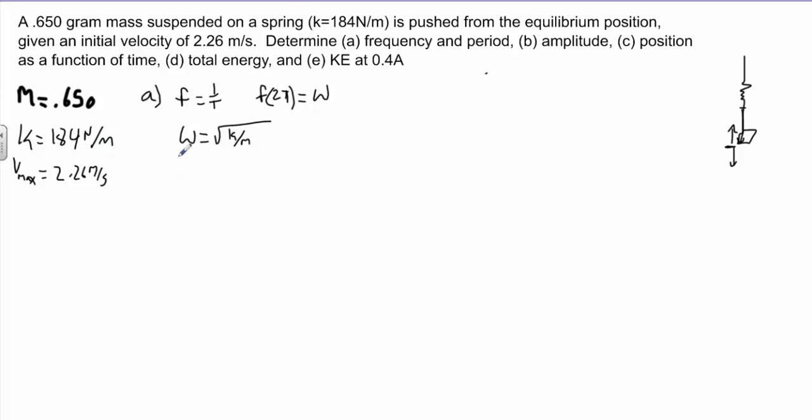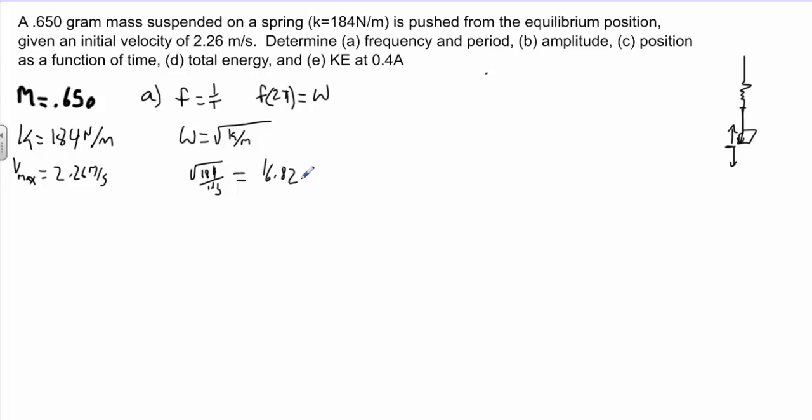So all I have to do here is take the square root of 184 divided by 0.65. So 184 divided by 0.65 raised to the 1/2 power gets me omega, which is 16.82, and this is angular frequency, so this is 16.82 radians per second.